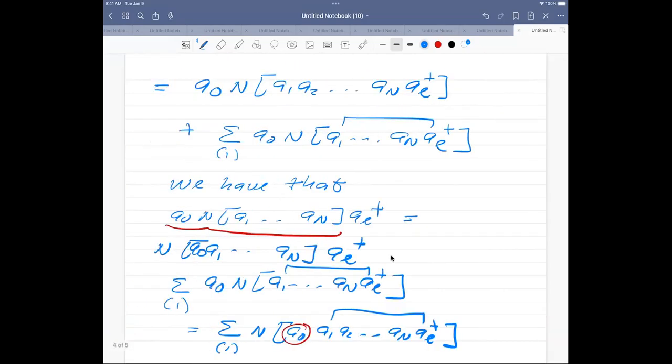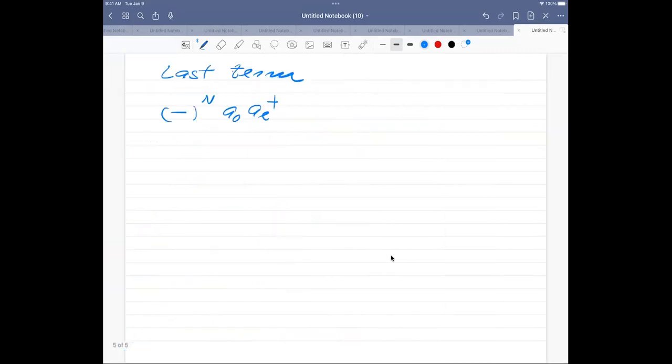So we can always interchange this AL plus, and I can rewrite it in terms of this term here, where I now have the A1 up to AN. I'm just reshuffling the order of the operators, because these are normal ordered operators.